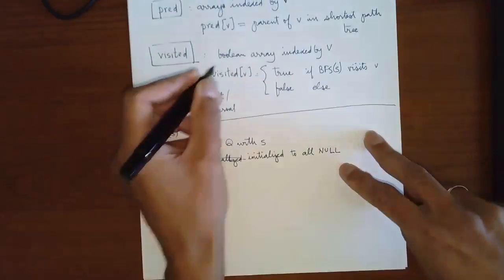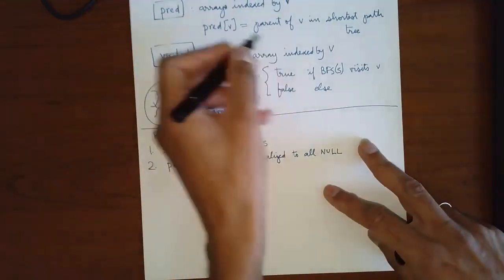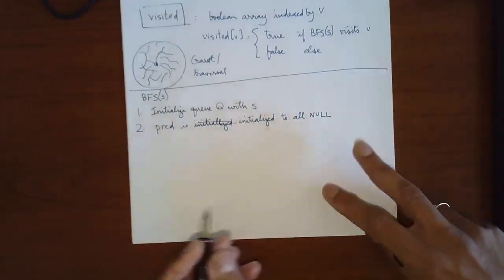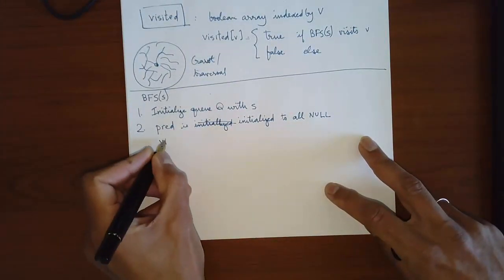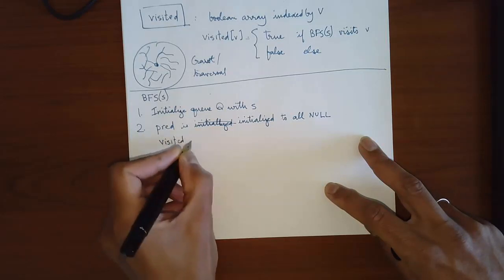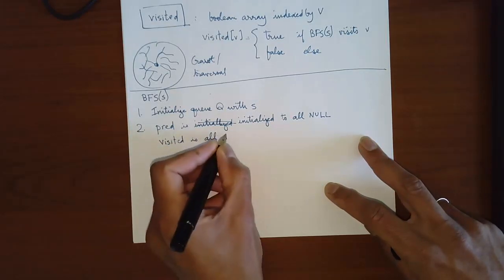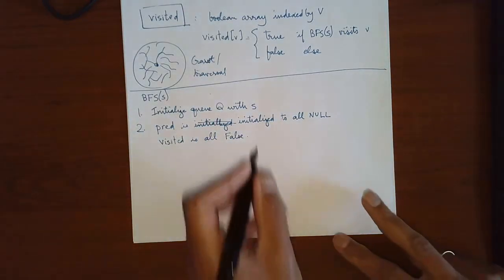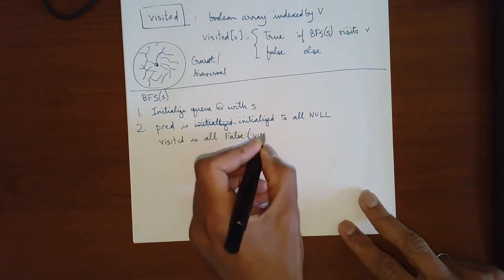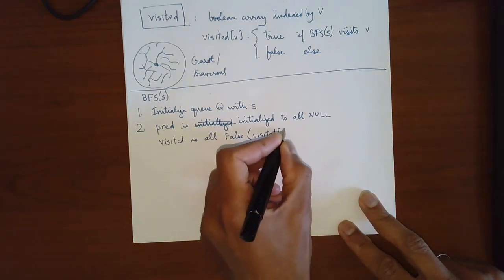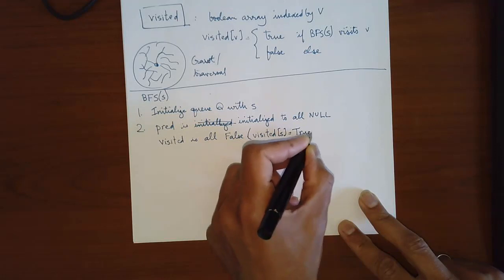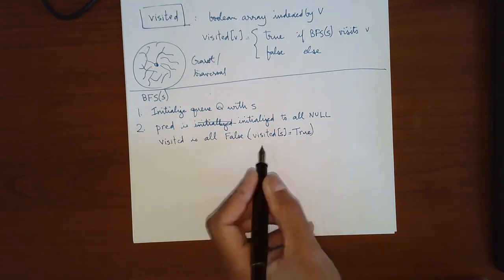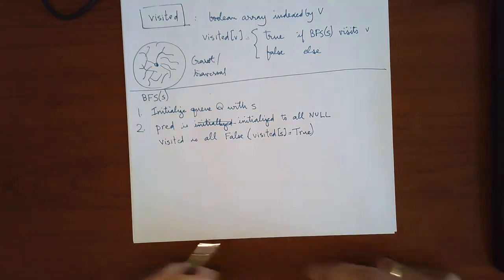We're storing parents, and all the parents are initially null. And visited is all false, except we're going to set visited of S to be true.